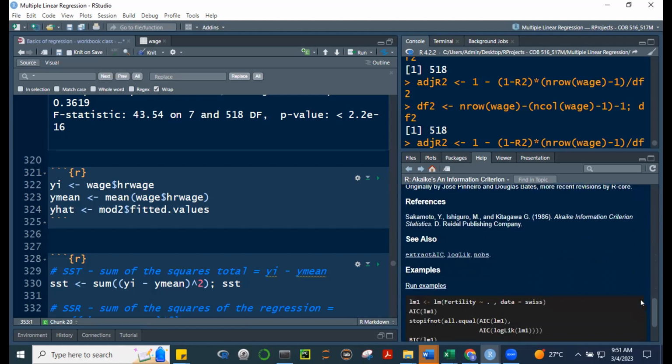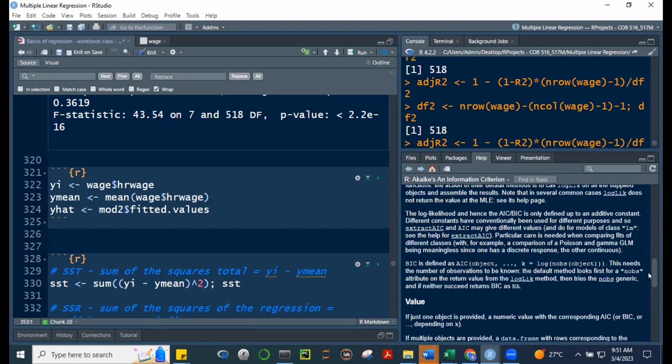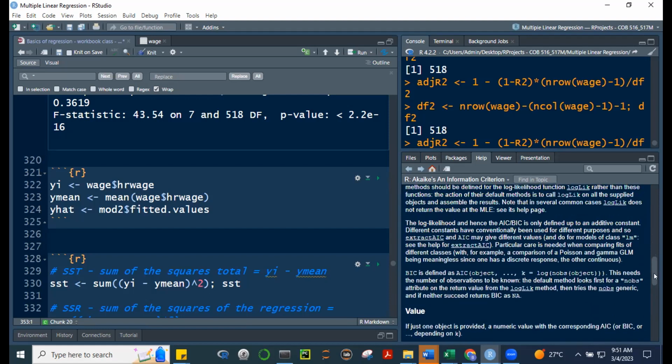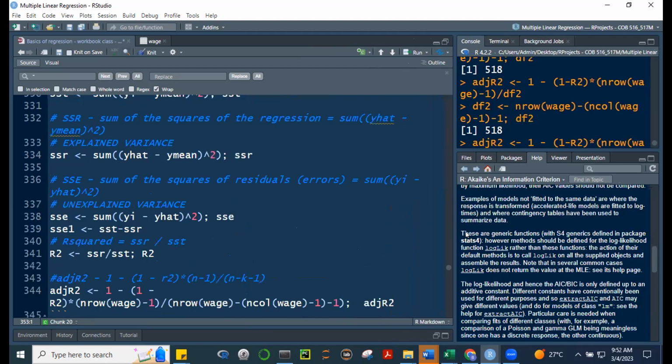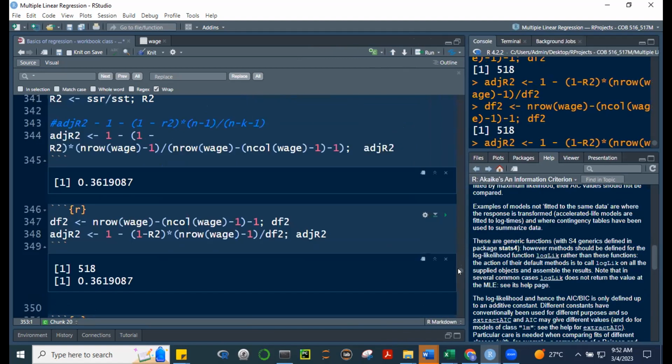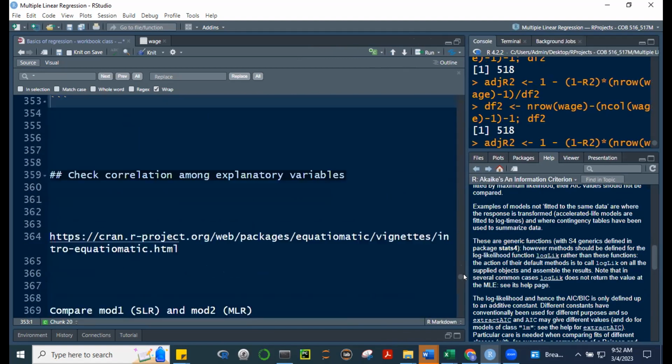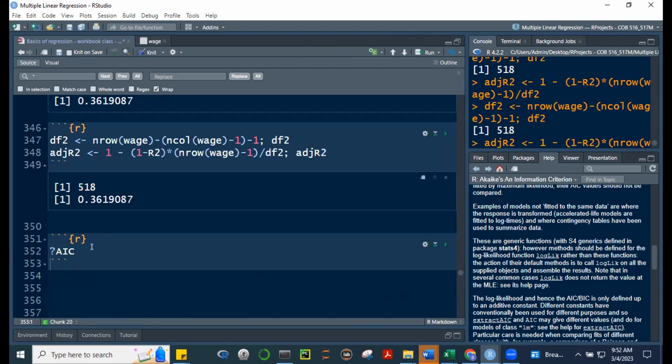This measure comes from the log likelihood of the model, but suffice it to say, class, that the bigger the AIC, the bigger is the information lost. So this is a measure of information loss.